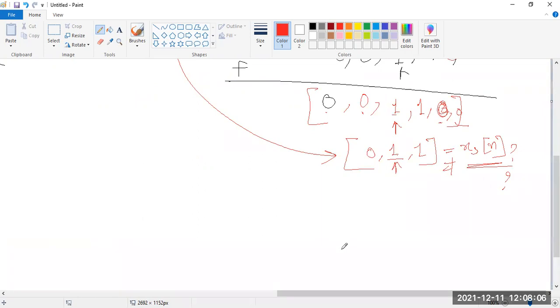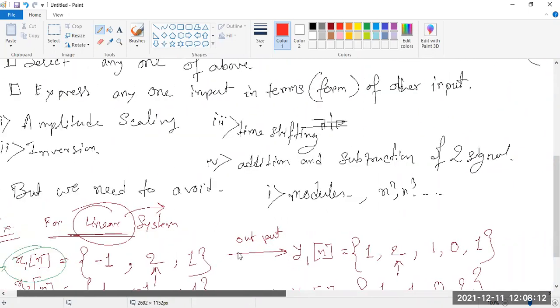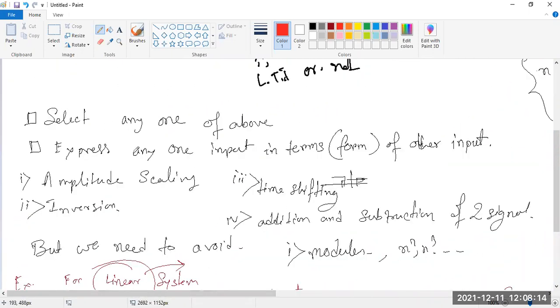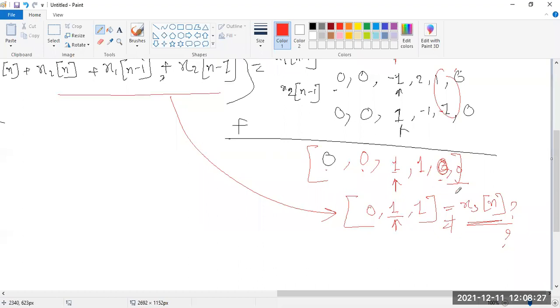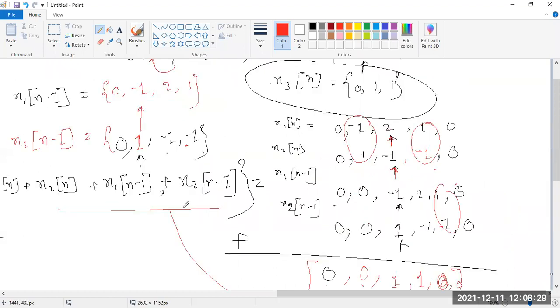So whatever we told in the statement, you can just remember this statement: express any one of these inputs in the form of the other inputs and select any one of the above. So this x3 input, we can express in terms of this.